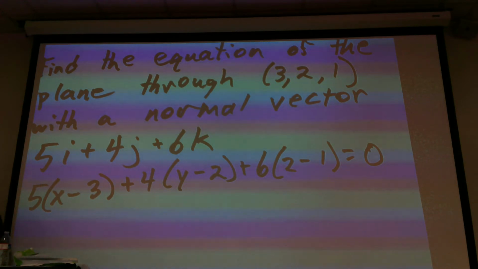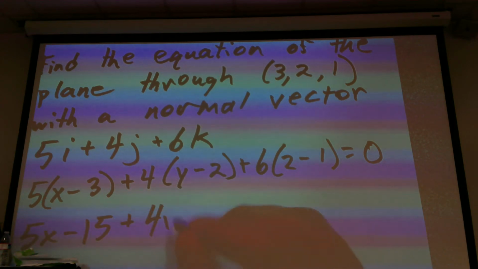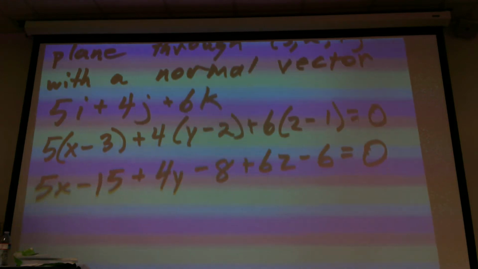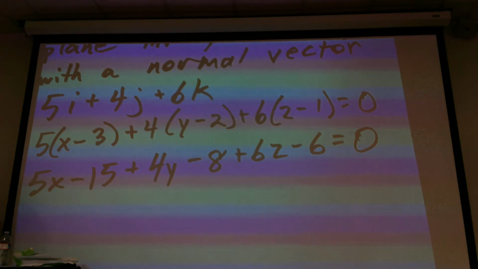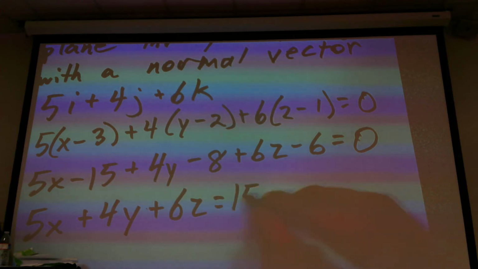Okay. And so that would give me 5x minus 15 plus 4y minus 8, plus 6z minus 6 is going to equal 0. Okay. So 5x plus 4y plus 6z is going to equal 15 plus 8 plus 6.